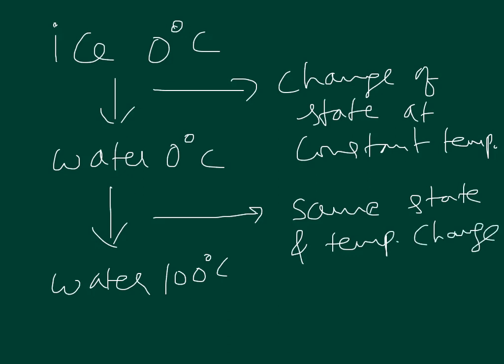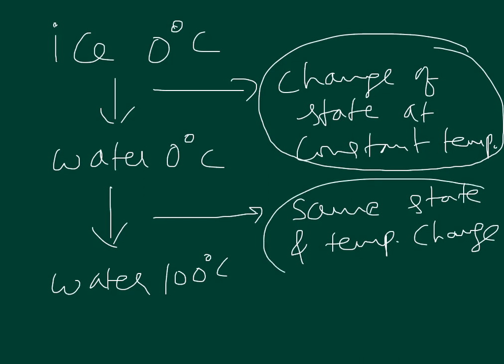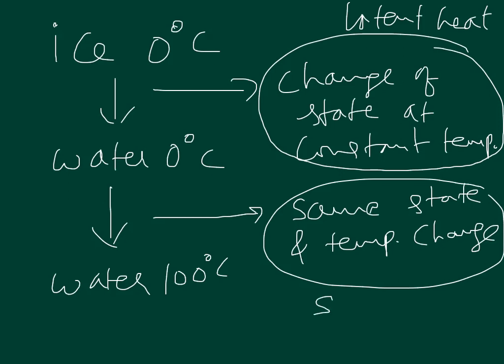So these are the two phenomena to be known. The first is the change of state at constant temperature; this phenomenon is called latent heat. And the second, water at 0 to water at 100, same state with temperature changing, belongs to specific heat.